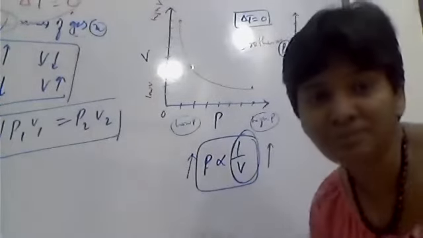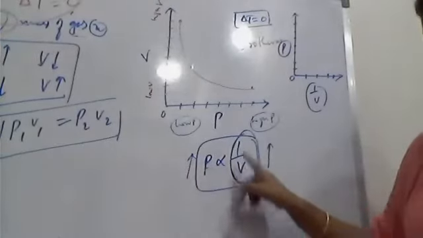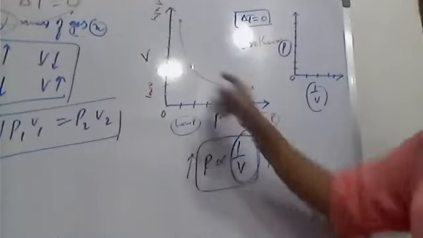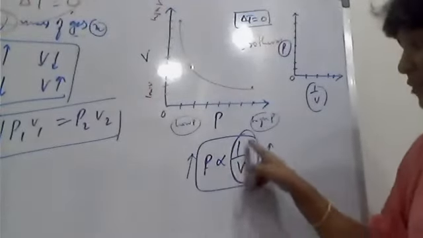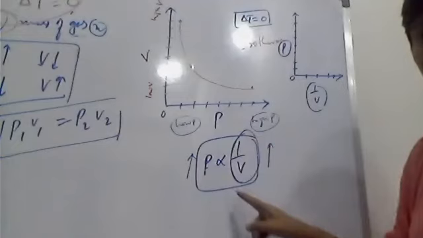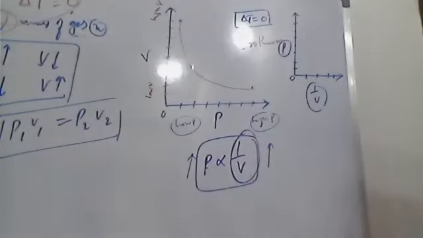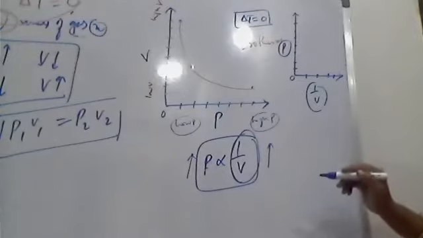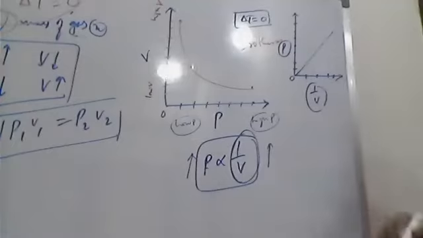Is that clear? Pressure and volume are inversely proportional: pressure increases, volume decreases. That is the previous graph. But here the pressure is directly proportional to the reciprocal of volume. So pressure increases, reciprocal of volume increases. So for this, the graph will be a straight line. Understand?